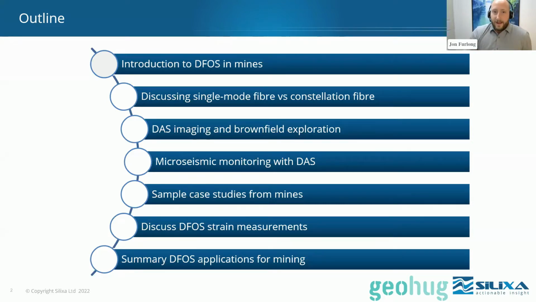I'll discuss imaging using DAS, with some brownfield exploration examples from Finland and what we can do in the future with DAS in mines for imaging. Then I'll move to microseismic monitoring and the benefits of using DAS for it, and all the applications there. I'll show a case study from a preconditioning example in a mine, then discuss strain and microseismic monitoring and some of the advantages DAS has, and summarize it all in the end.